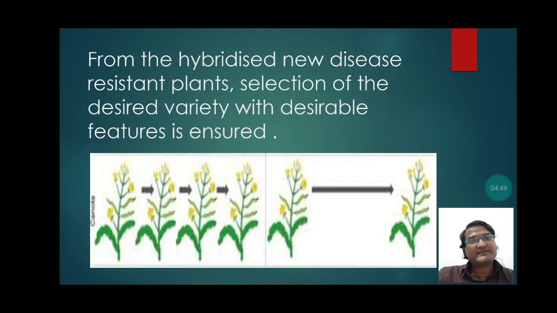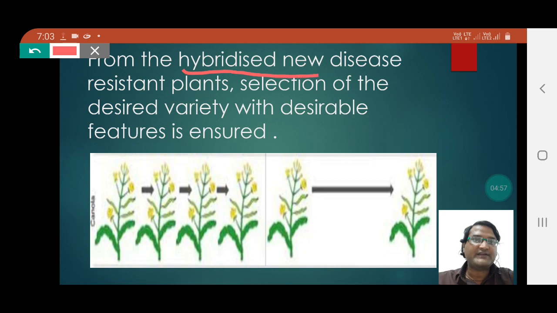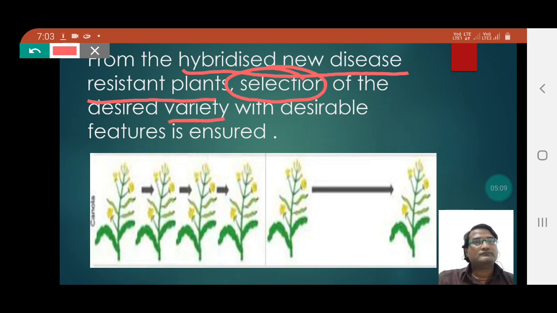So this is the next step, where even from the hybridized new disease resistant plants, again the selection of a new variety with desirable features is ensured, which helps in improving the disease resistant capability of a plant.